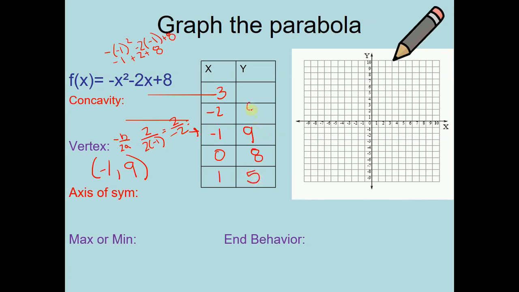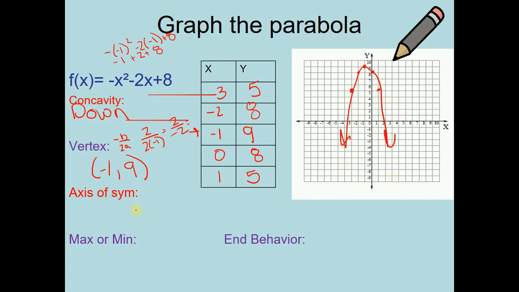And then I know, based on parabolas, that it should go like that, right? So I can go negative 3, 5, negative 2, 8, negative 1, 9, 0, 8, 1, 5, down like that, down like that. Okay, I am concave down, because it is down like a frown.